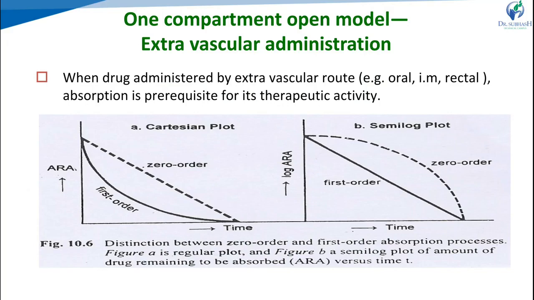In the regular plot, zero order gives a straight line, and first order gives a curve. The opposite is true on the semi-log plot: log amount remaining to be absorbed versus time gives a curve for zero order, and for first order we get a straight line.